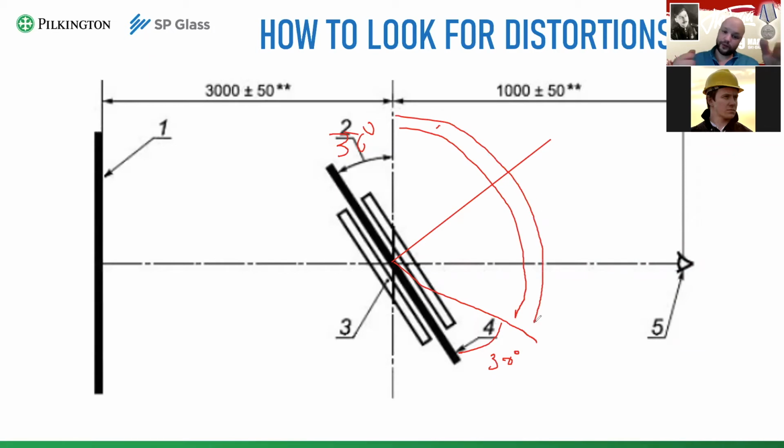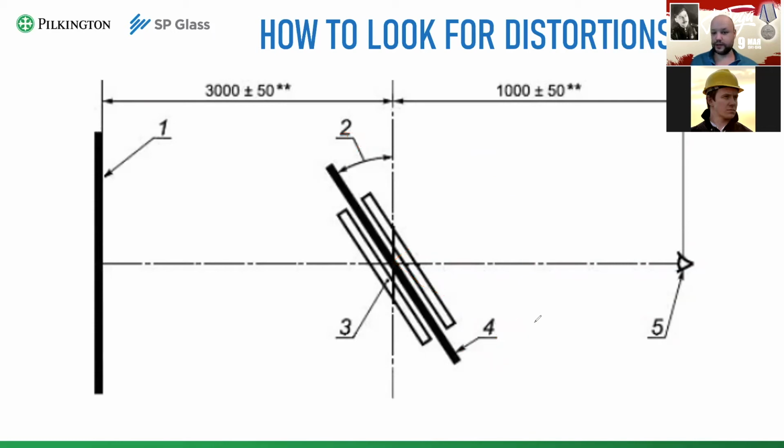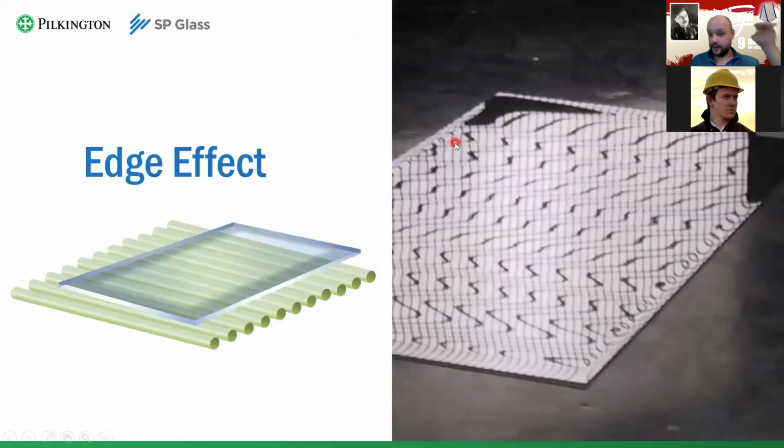The angle between you and the glass should not be too sharp. That is the requirement of the Russian standard and the European standard, or rather the Russian standard is in line with the European one. Now, if no questions, I think that is quite clear. Let us move on and see the edge distortion.